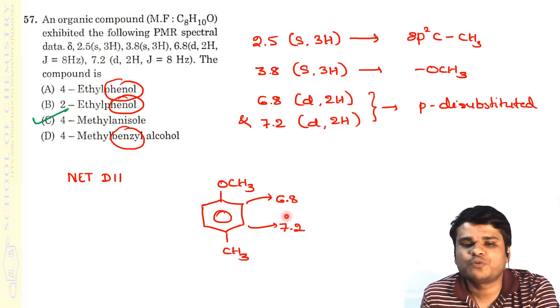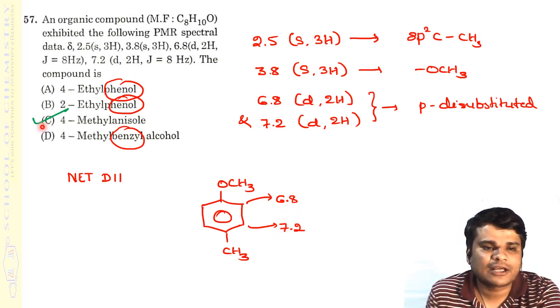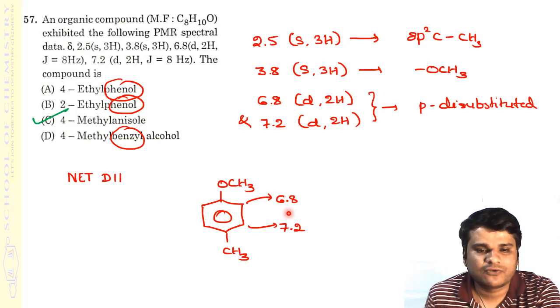Of course, from the point of view of this question, even if we don't assign, we can conclude C as the answer. But for your information, these ortho protons give a 6.8 signal, and this one gives a 7.2 signal.